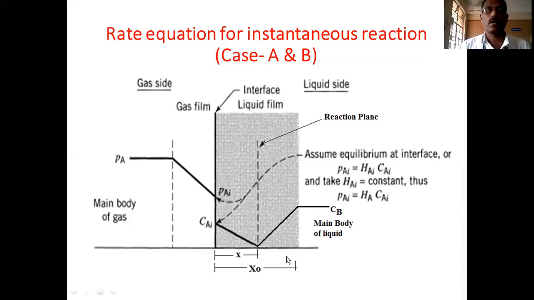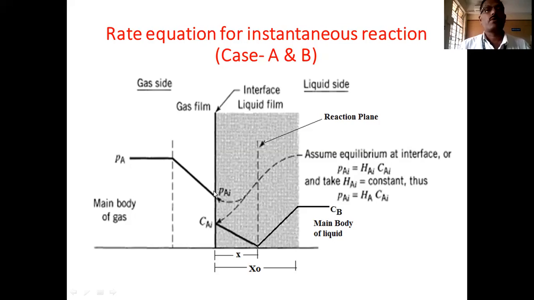The diffusion path of B to the reaction plane is X0 minus X. At the reaction plane, the reaction is instantaneous: A and B come in contact and are all consumed here, so the concentration drops to 0. This is at equilibrium, so we consider the concentration to be 0.